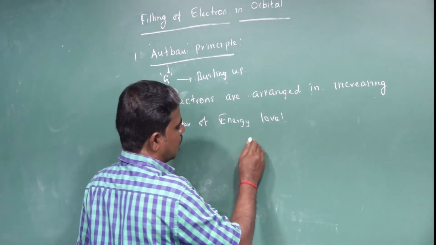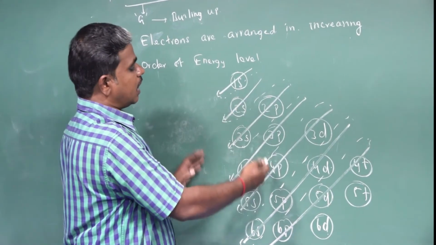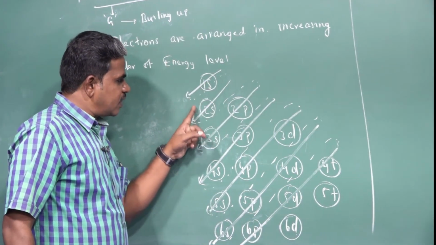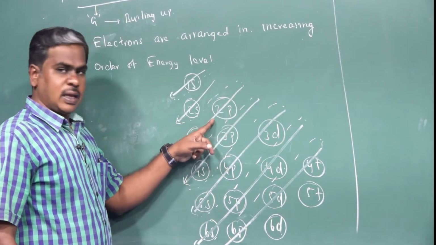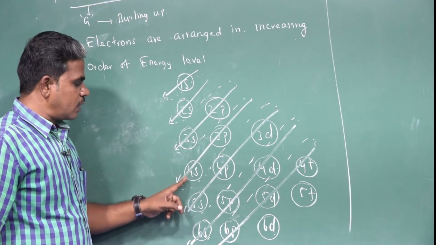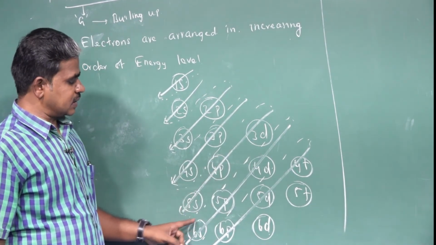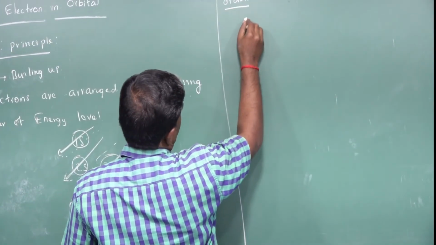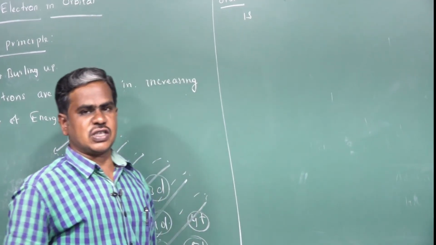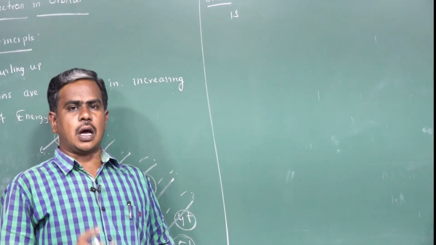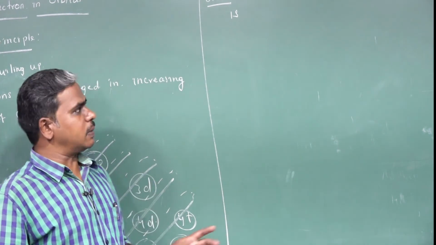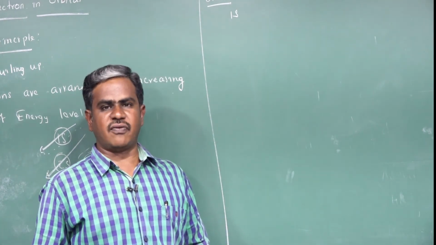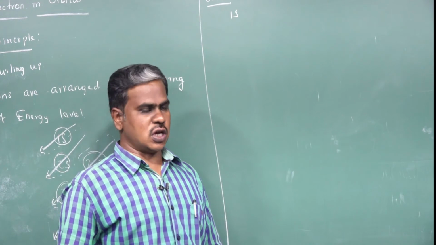Now we may take the Aufbau principle and arrange the order of energy levels according to this. First 1s, after that 2s, 2p, 3s, 3p, 4s, 3d, 4p, 5s, and 4d, 5p, 6s, likewise. So 1s is the lowest energy orbital, and electrons occupy the lowest energy orbital. After completing the lowest energy orbital, electrons are filled into the next higher energy orbital.